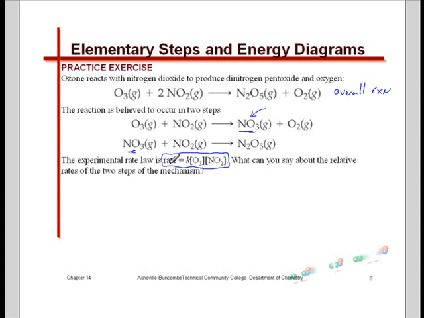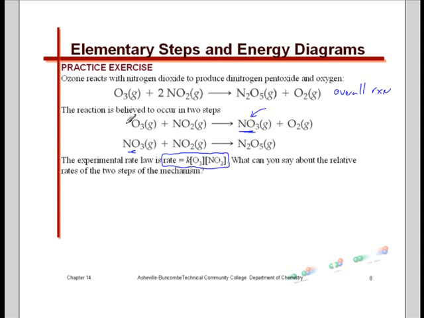And so on the long path toward deducing a mechanism, you start proposing different elementary steps, based on the empirical data you're generating, and based on what you know about the molecules and how they're going to react, or how they may have reacted in other situations. And so you propose this particular model.